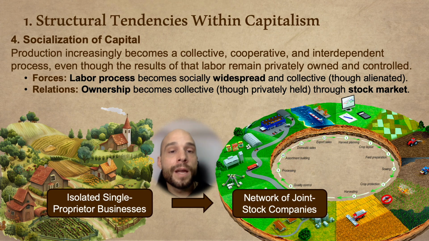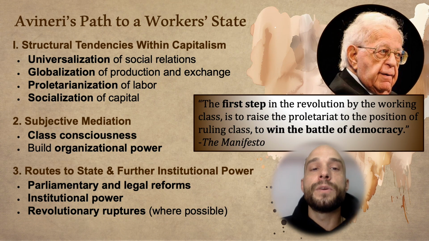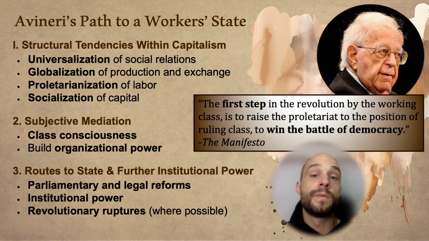Planning, cooperation, and large-scale organization are not foreign to capitalism, they're its everyday operating principles. What remains irrational is not socialized production, but private control over it. So we now have a grasp of the four real material structural tendencies already at work within capitalism, or immanent to capitalism.